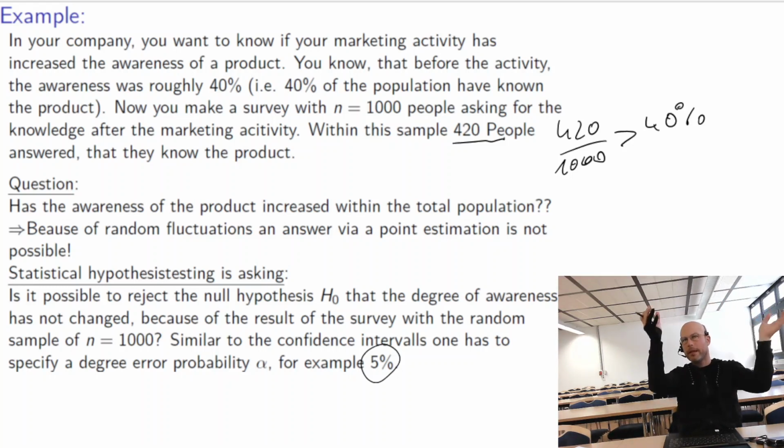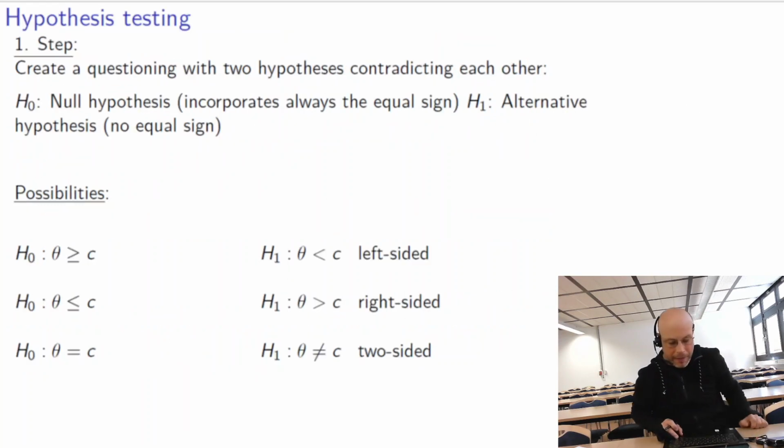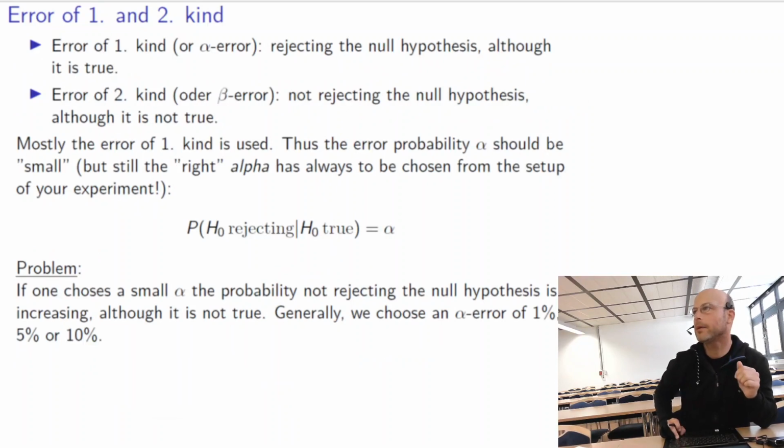So if I go downtown in Wilhelmshaven asking 1,000 people, then I can only say, given some error probability, that in Wilhelmshaven, 80,000 inhabitants, the awareness has increased. This we have done last week.